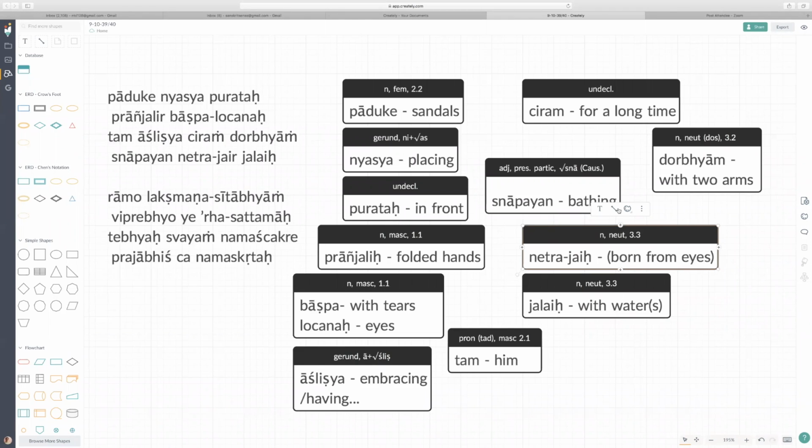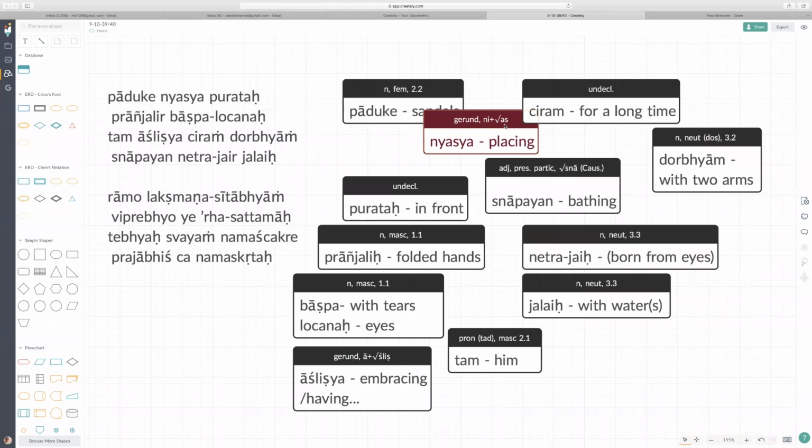All right, let's see what we can make out of it so far. Okay, paduke nyasya. This is our subordinate kriya. It's not the main one. Do we have a main kriya here? Embracing.